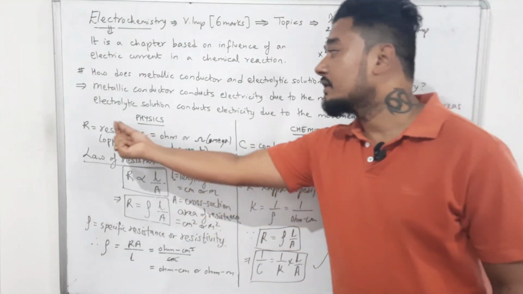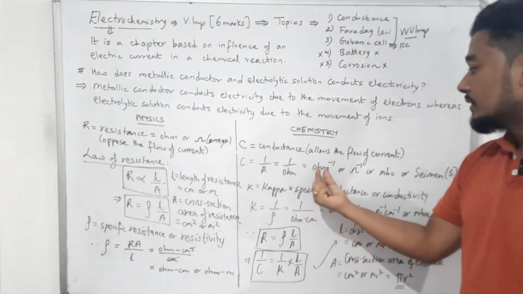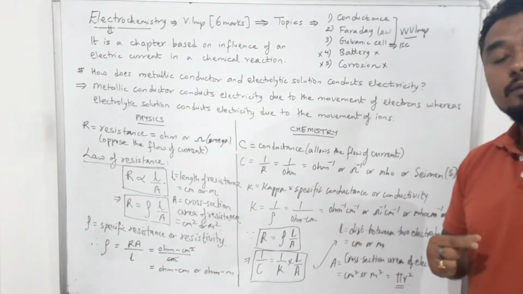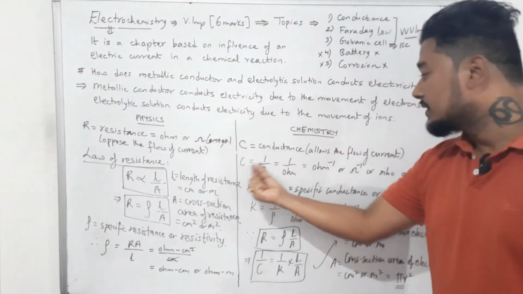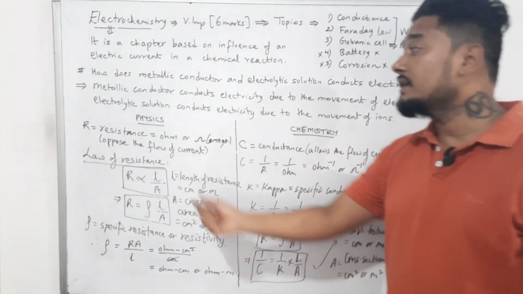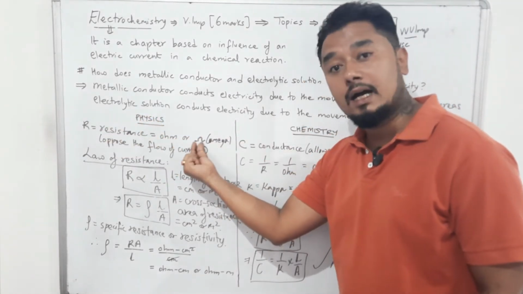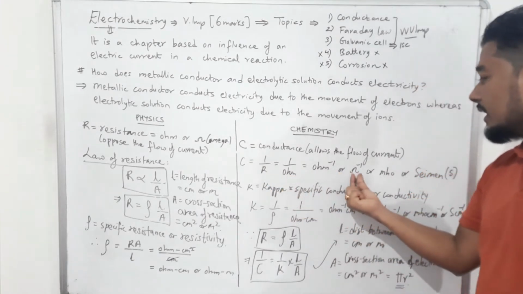So if the resistance unit is ohm, then the unit of conductance will be ohm inverse. Similarly, if the unit of resistance is omega, put here omega, then the unit of conductance becomes omega inverse.